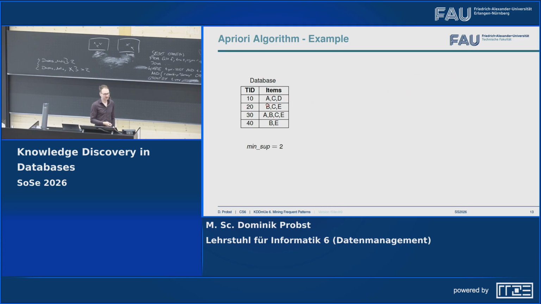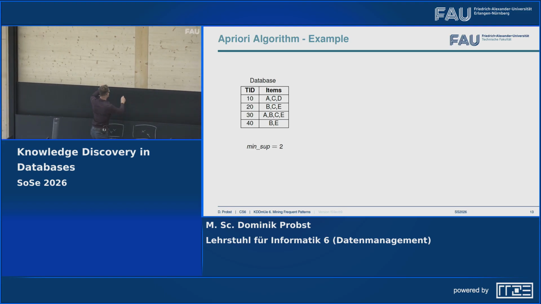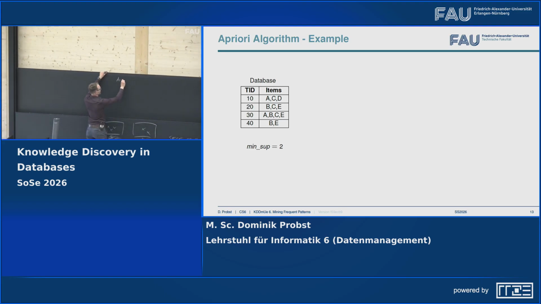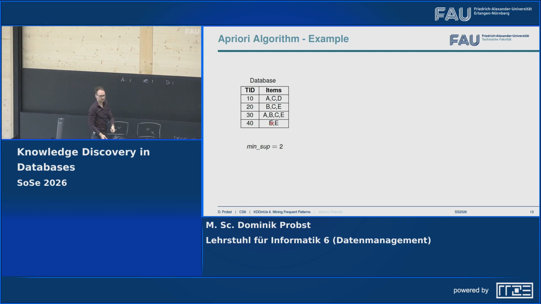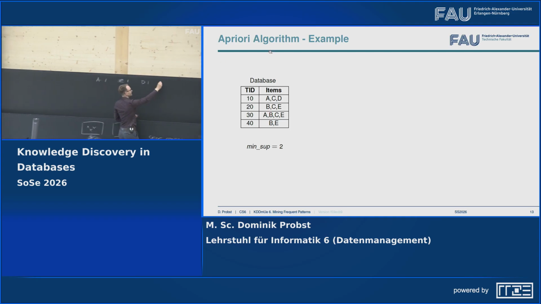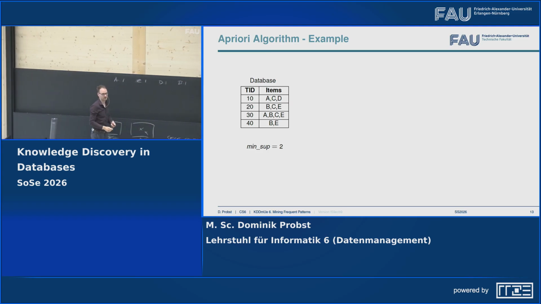Go to the next transaction, let me do that on the blackboard as well. So we have A 1 time, C 1 time, D 1 time in the first transaction. Now we go to the second transaction, where we have B. B is not on our list yet, so we simply create B, count it up by one.